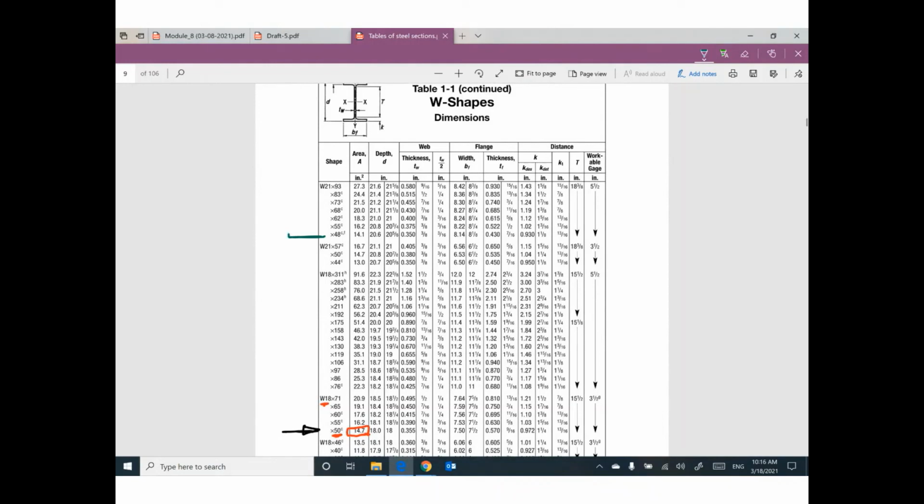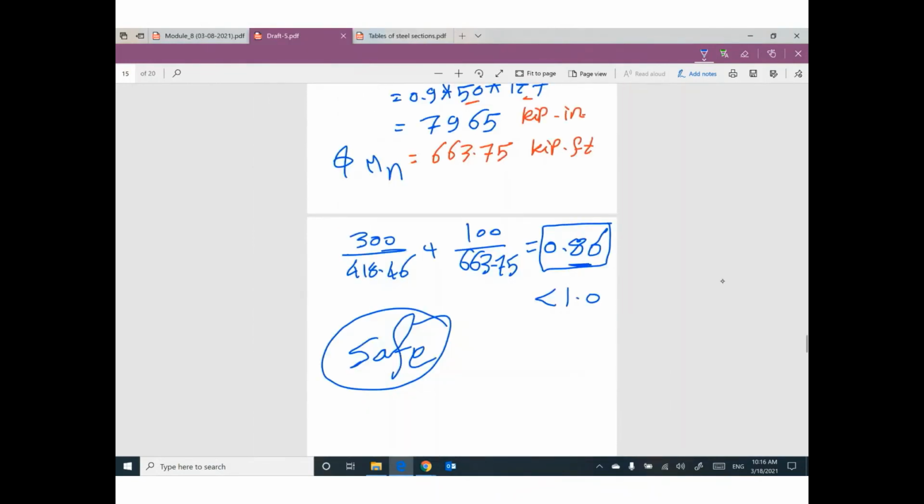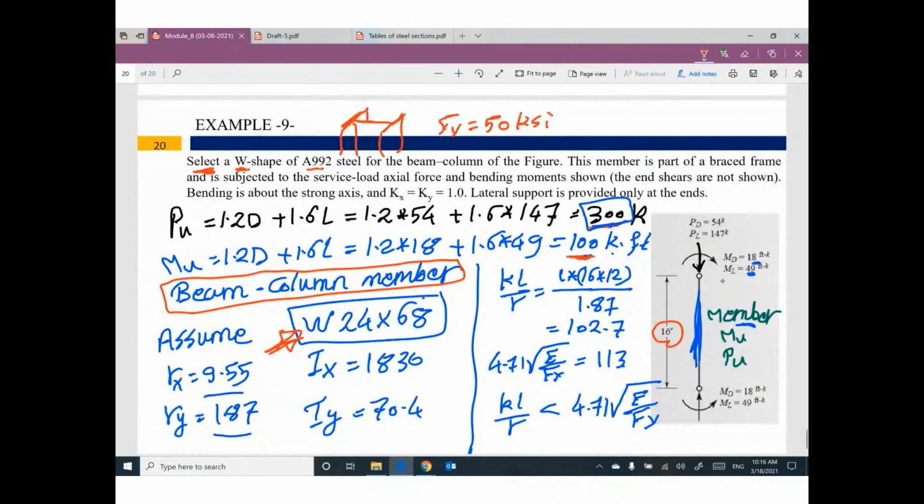We need the final number to be smaller than 1 and very close to 1. You know what I mean? Smaller than 1 to be safe, close to 1 to be economical. But for me, as Ayman, I will say this cross section will be good. I believe 0.86 will be good. So the final conclusion, this member will be W24 times 68.